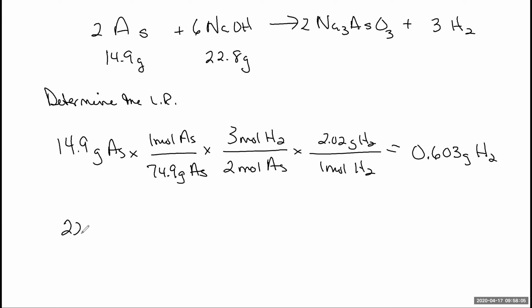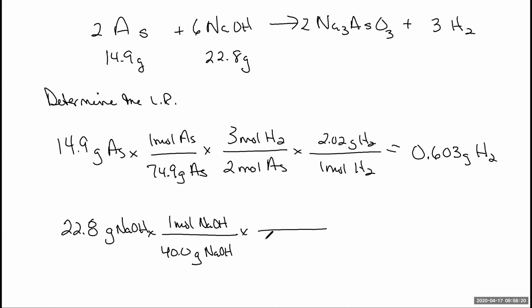My other reactant would be sodium hydroxide. And I could go through all of the steps with sodium hydroxide. Molar mass should come out to be 40 if you've calculated that correctly. It's going to take 6 moles sodium hydroxide to form 3 moles of hydrogen. Last step would be the same.